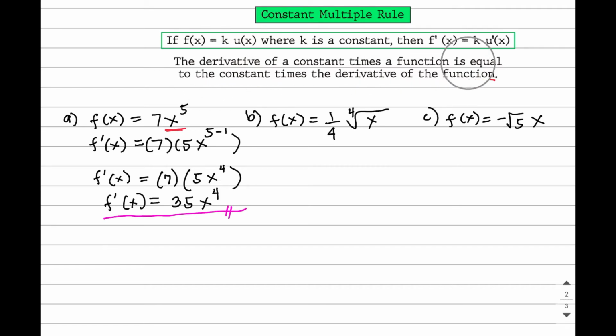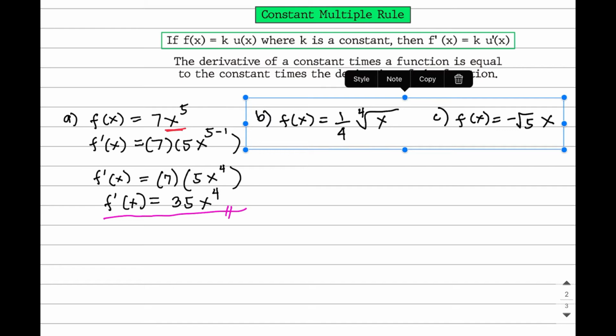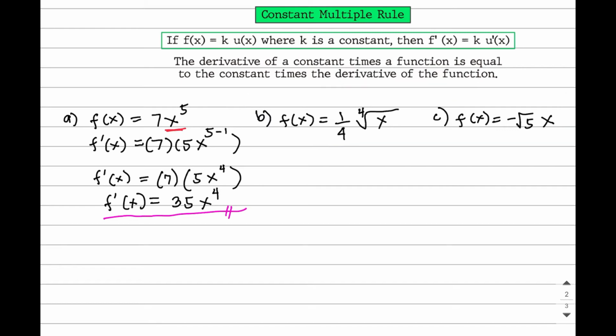Okay? Okay. Another example naman tayo. Sabi sa ating next example, f of x is equal to 1/4 times the 4th root of x. Okay, i-apply natin yung derivative ng constant. Ang gagawin natin, i-rewrite muna natin ang ating function.